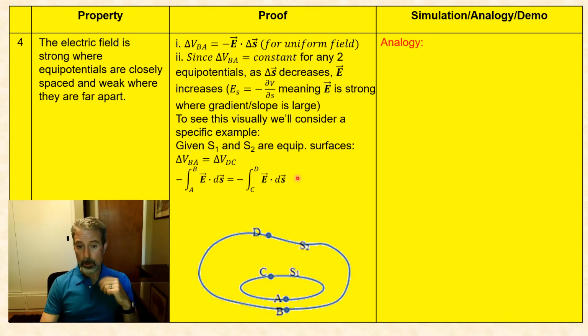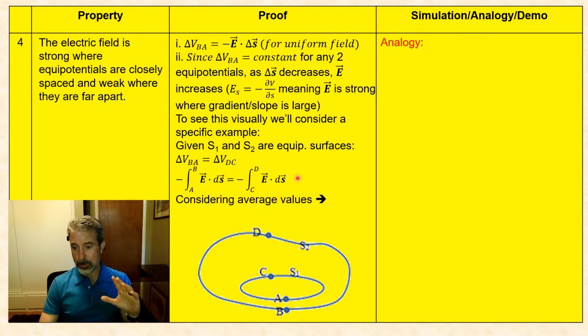And when we look at this, from our definition of electric potential difference, if we consider average values for the electric field in this region between A and B and between C and D, that field could be continuous and change, but on average, the electric field between points A and B times delta S, the distance between these 2 points, must be the same as the electric field in region CD times the distance between those 2 points.